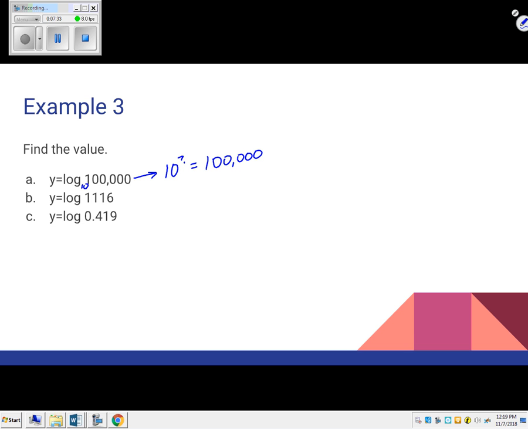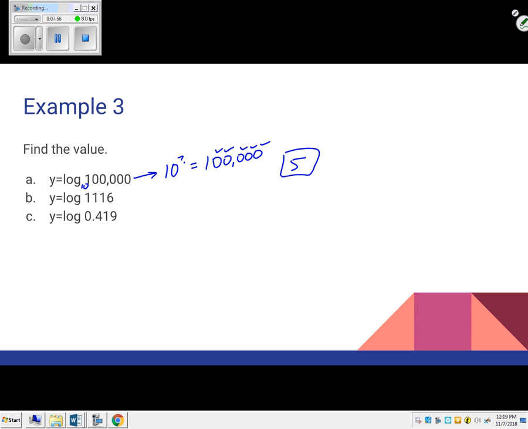Well, a little shortcut that I hope that you've already learned is that 10 raised to a power is just going to tell you how many zeros come after the 1. And so the answer to this one would be 5. 10 raised to the 5th power gives me 100,000. Therefore, log of 100,000 is equal to 5.